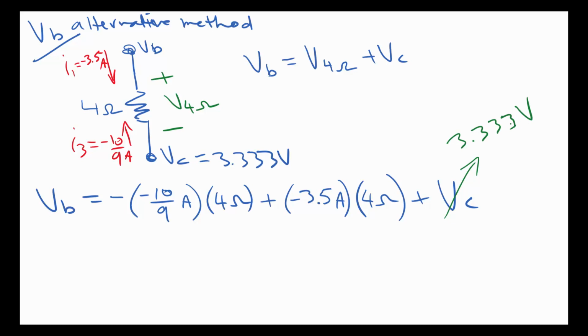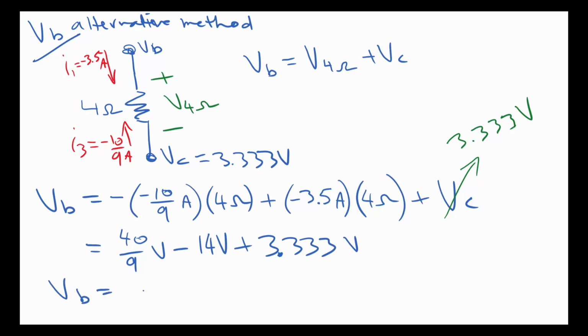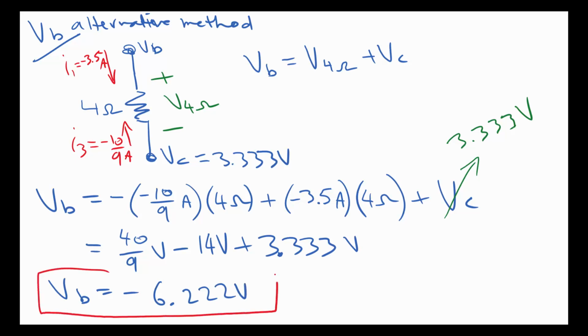Okay, so let us simplify, and we get 40 over 9 volts minus 14 volts plus 3.333 volts, and that works out to VB is equal to minus 6.222 volts, which is exactly the same as what we got in the last example, doing VB in a simpler way, and also the same as what we got for the node voltage method.